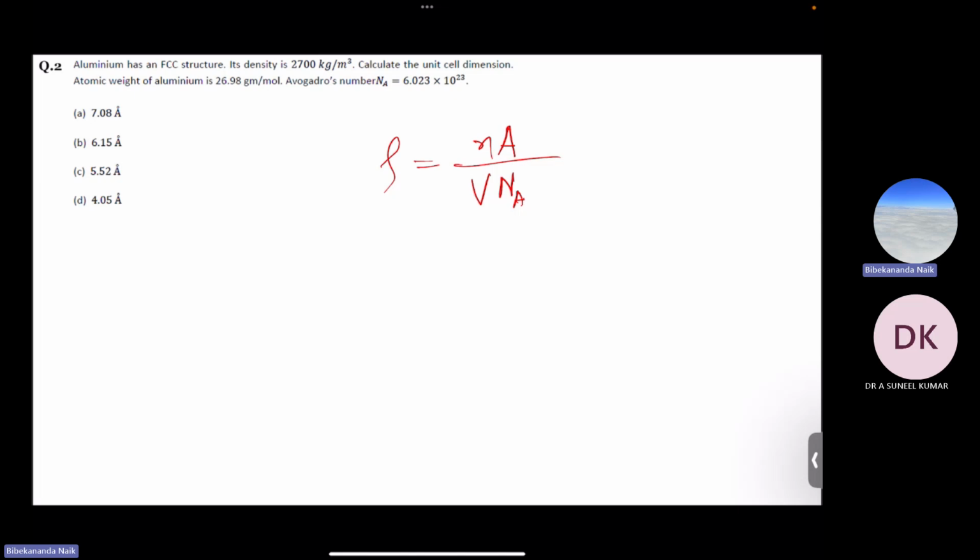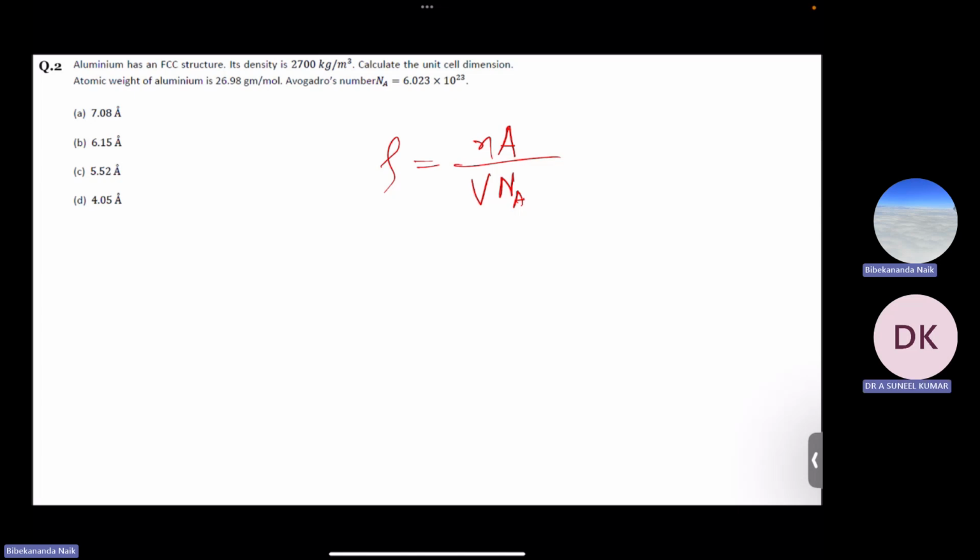So did you calculate? It is 6.15 angstrom. How did you calculate that? What will be the value of n?